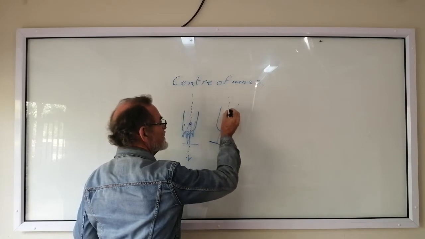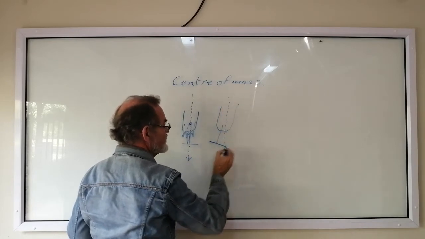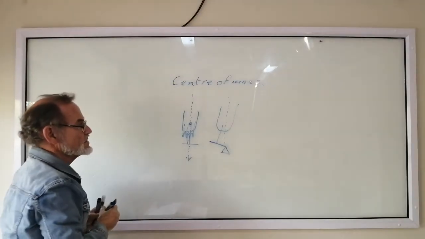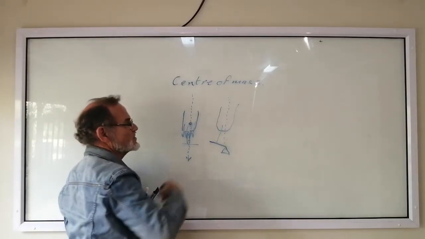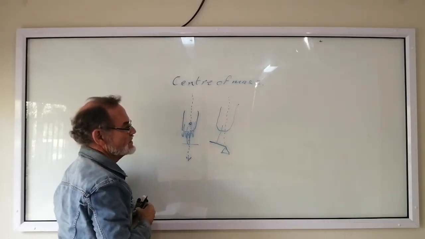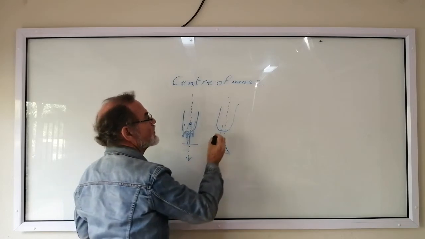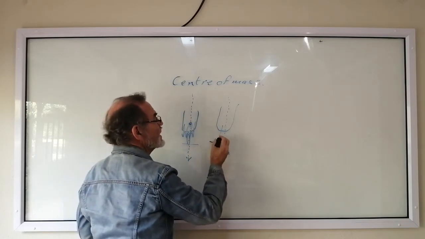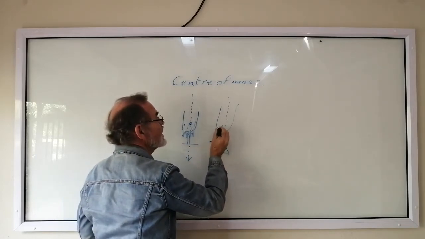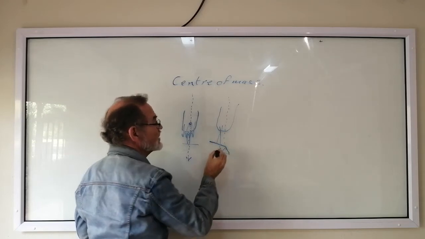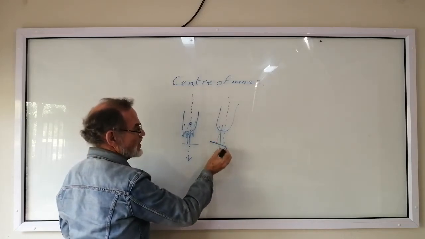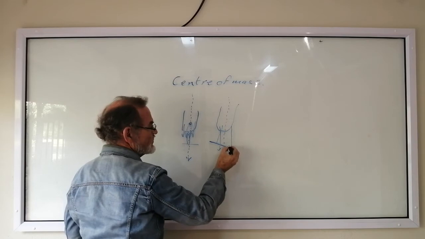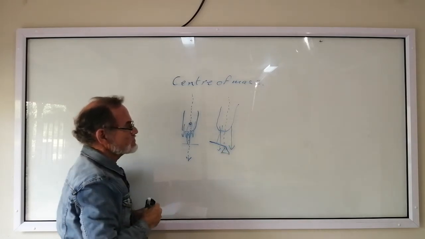This is now the line that we're looking at. This line, the center of mass has moved to one side, and we have forces going down this way to the left of this center of mass and to the right of this center of mass.